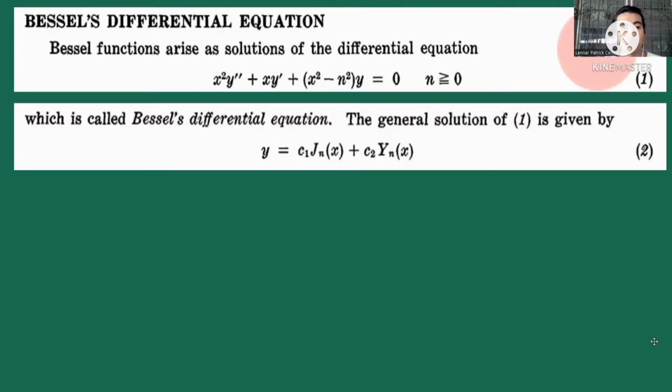Next naman, yung general solution of 1 is given by y is equal to c sub 1 j sub n of x plus c sub 2 y sub n of x.